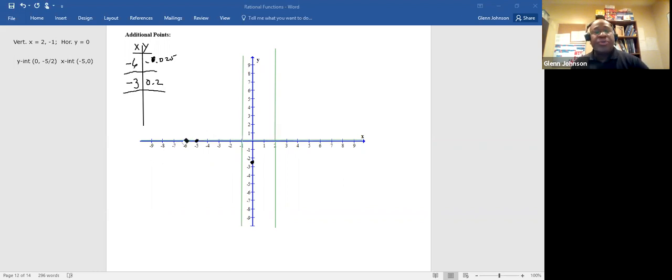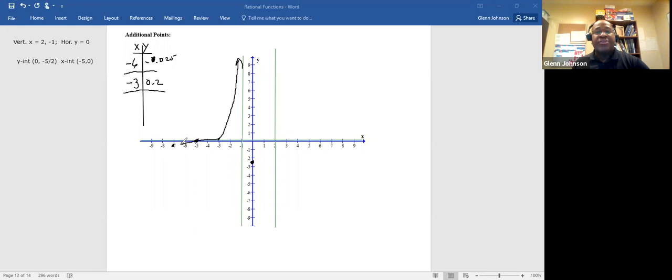So for this portion of the function, it's going to be below the x-axis here, above the x-axis for -3. So it looks like the behavior of the function is going to tend upward to positive infinity.